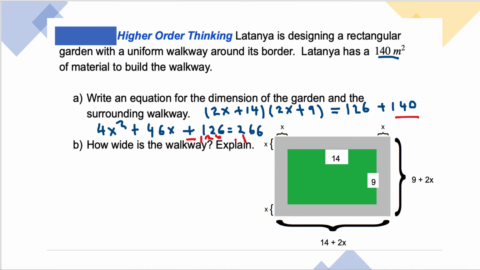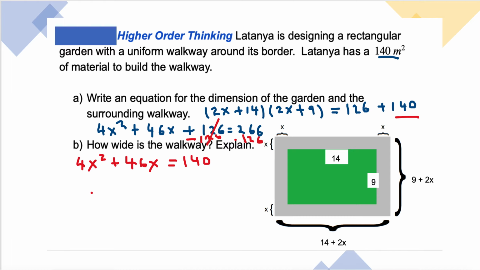If I'm subtracting both sides by 126, this is going to cancel, and on this side I'm going to have 4x squared plus 46x, and on the other side it is equal to 140. So now we have the quadratic equation that represents the area of the walkway.